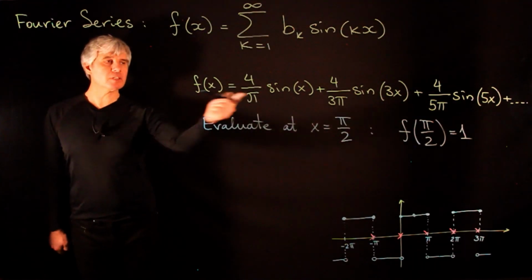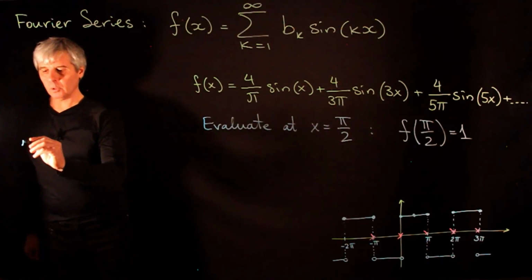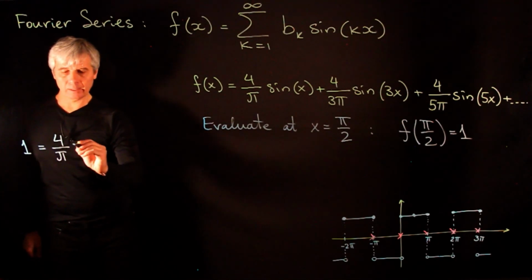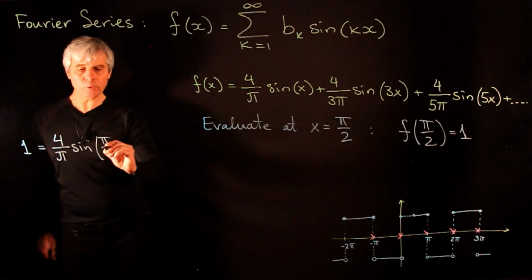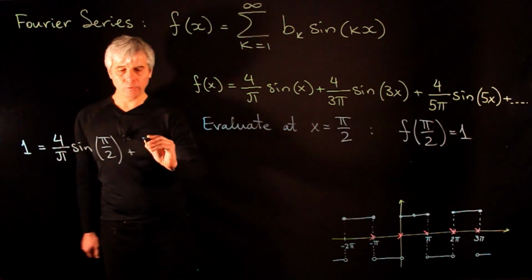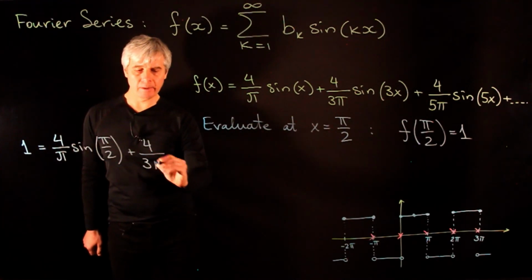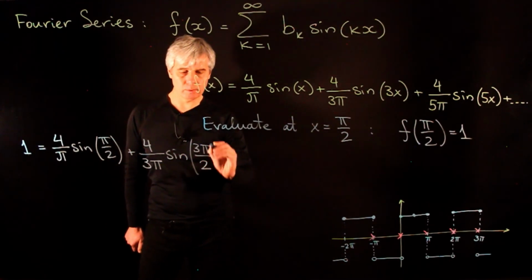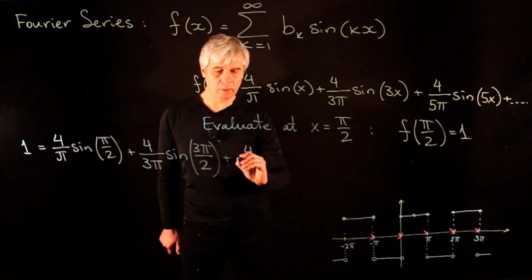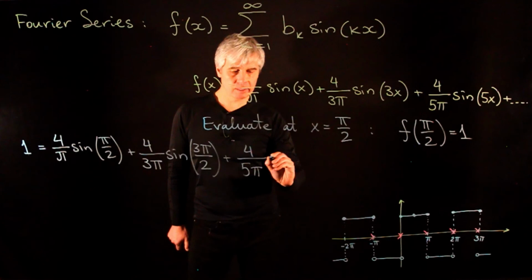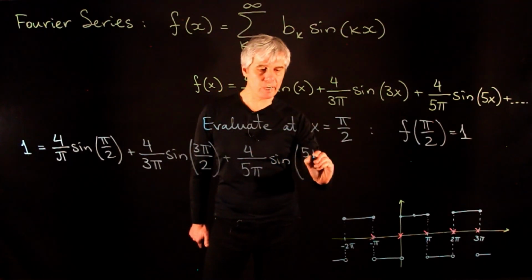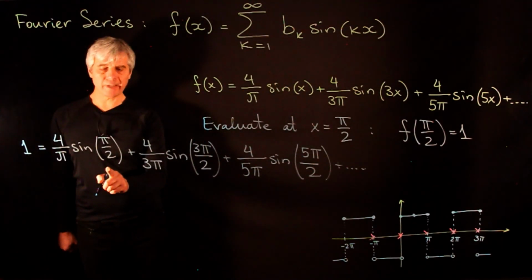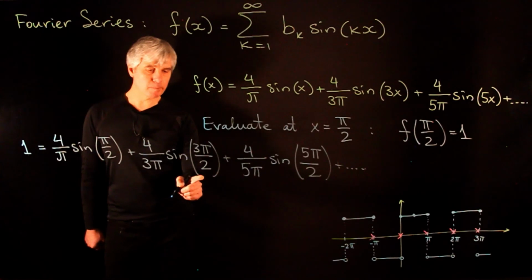Now, if we plug in this value in the Fourier series, then we get the equality that 1 is equal to 4 over pi sine of pi over 2 plus 4 over 3 pi times sine of 3 pi over 2 plus 4 over 5 pi sine of 5 pi over 2, and so on. Now, the first sine value is +1. The second one is -1.